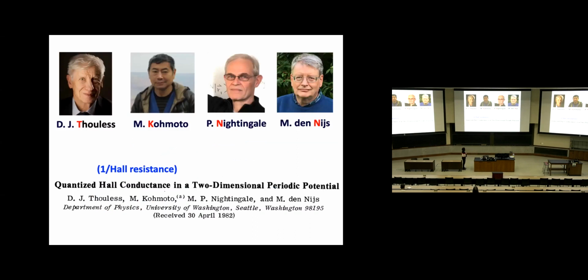Let's call them T, K, and N. They managed to explain it 2 years after the experiments were done. So I think that's amazing. Of course, this is such a complicated subject, so I'm going to only tell you an aspect of it, and I'm probably going to skip a lot of things, but the gist is the following.